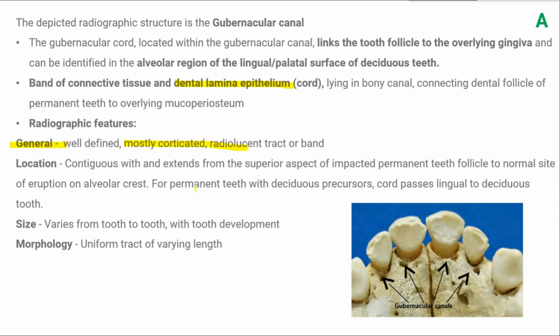For primary teeth, it will extend from the superior aspect of impacted permanent teeth to the normal site of eruption. And size will vary depending on which tooth we are talking about. Morphology will be a uniform tract, but varies depending upon the location and the type of tooth.